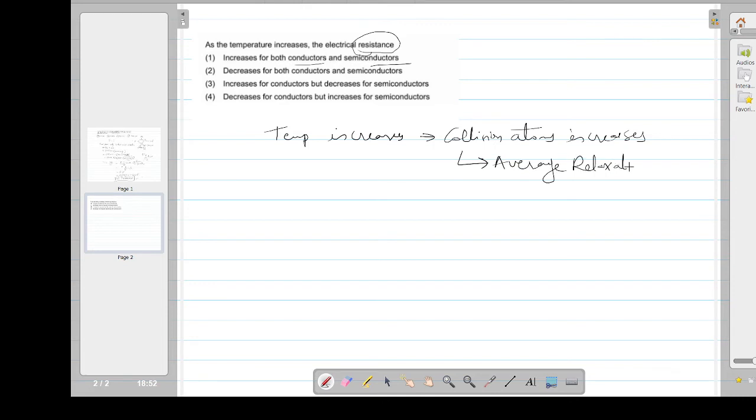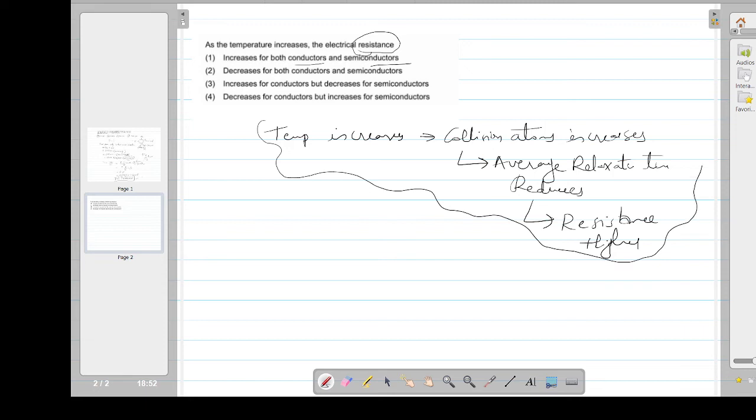Because of that, the resistance becomes a higher value. So this is happening in conducting materials, in conductors.